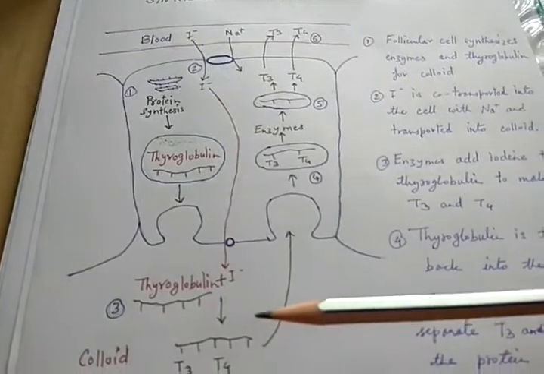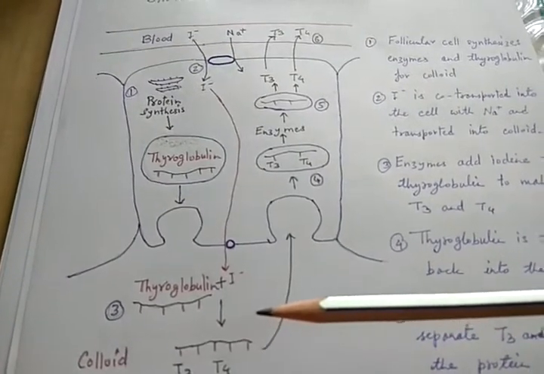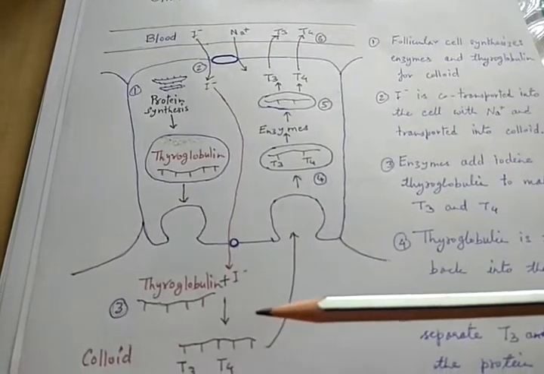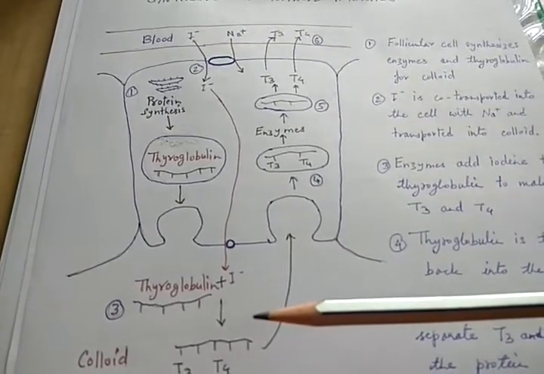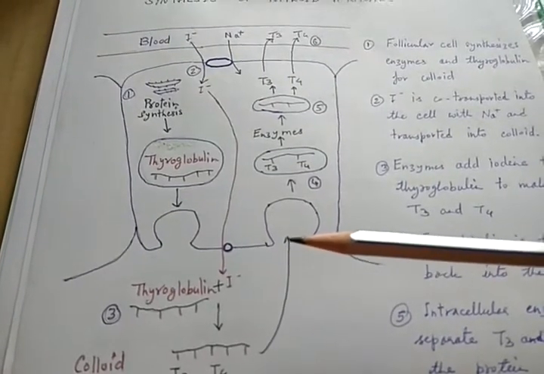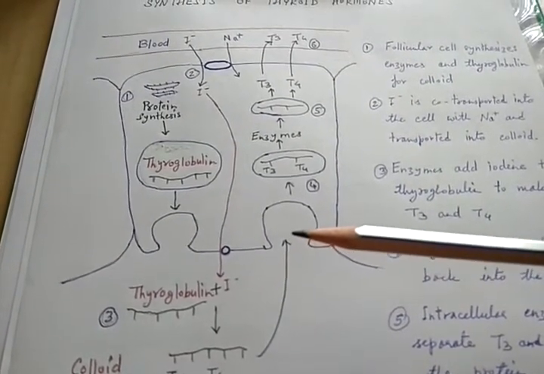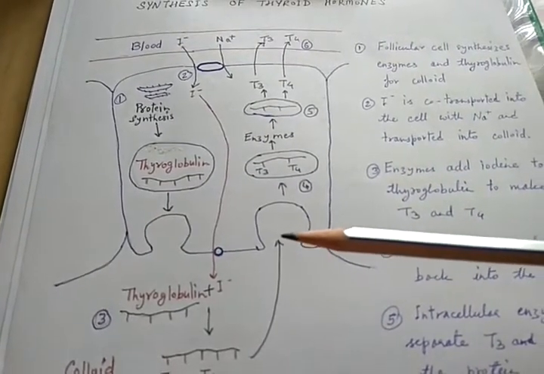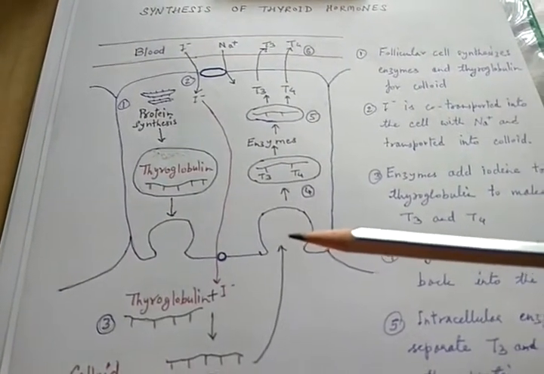Then after the synthesis of T3 and T4 hormone, as it is still tied up with the thyroglobulin molecule, it is taken back by the cell along with the colloid by the process of endocytosis.